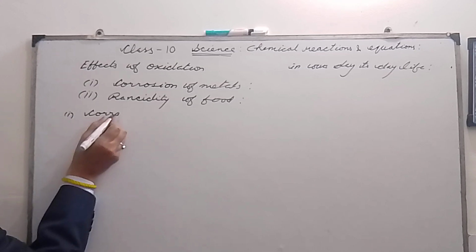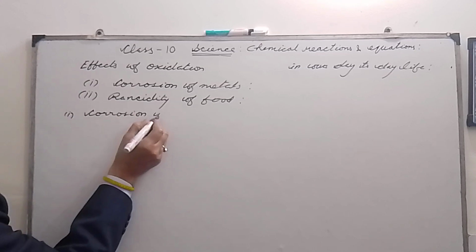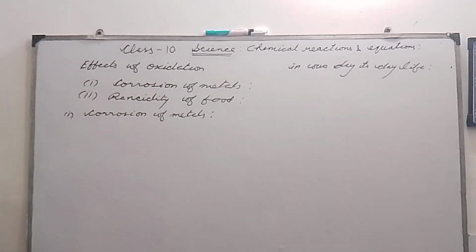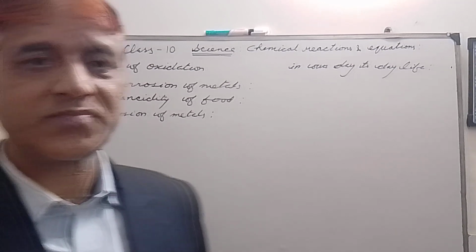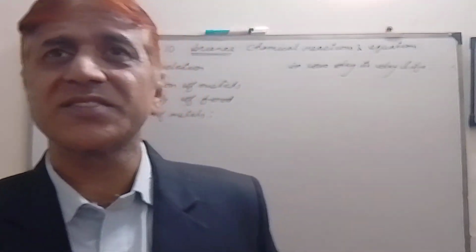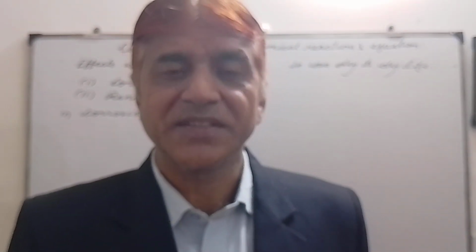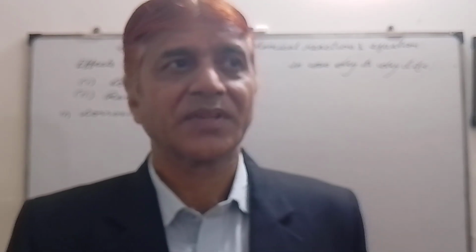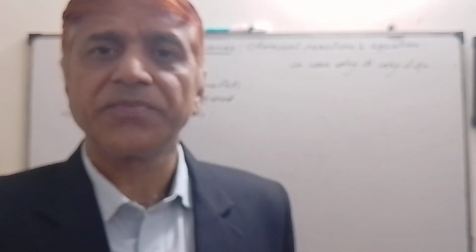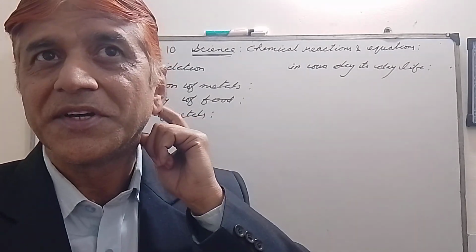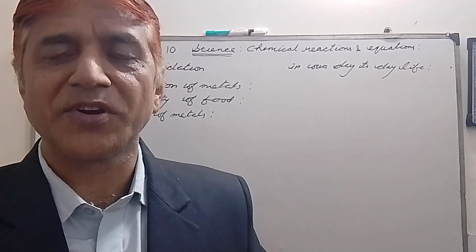Corrosion of metals. So what is corrosion of metals? Metals are very useful for us, but the disadvantage of metals is that they get corroded. But my dear students, corrosion of all metals is not bad.